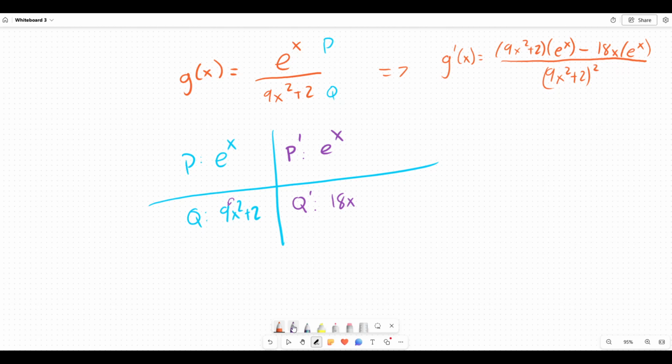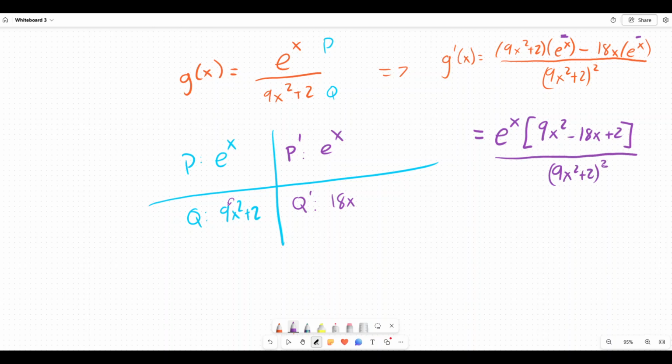If you would like to do a simplification, or if you're ever asked to do a simplification, there is one thing that we can do. Notice both of these terms have an e to the x. We can actually pull out that e to the x as 9x squared minus 18x plus 2 all over 9x squared plus 2 quantity squared. And that will suffice for our answer.